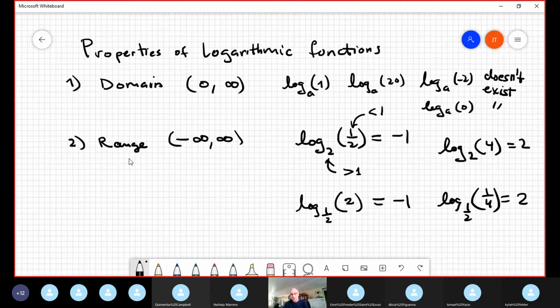If the number is less than 1 and the base is greater than 1, opposite, so it's negative, because somehow it involves a reciprocal operation. When both are greater than 1, no reciprocal, the same nature, the same behavior. And both less than 1, no reciprocal. Okay? Make sense? Is it clear or no?